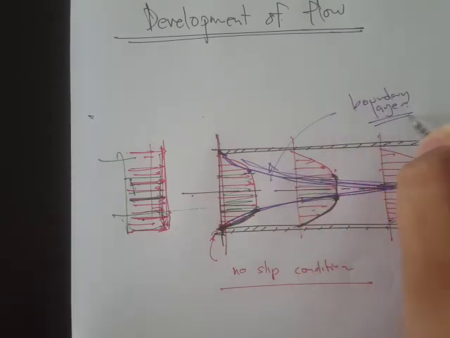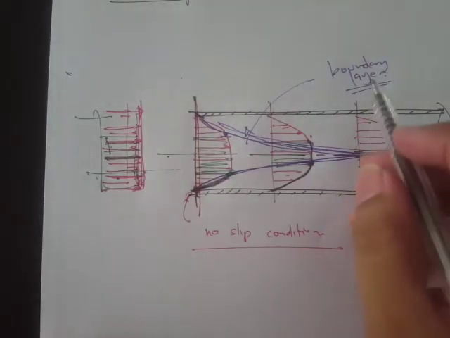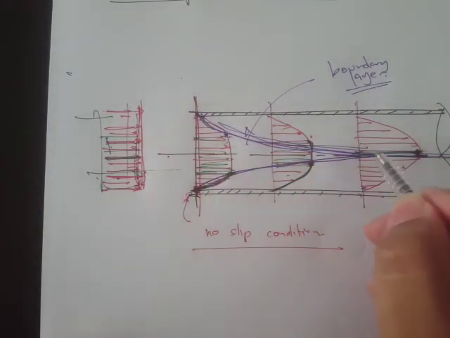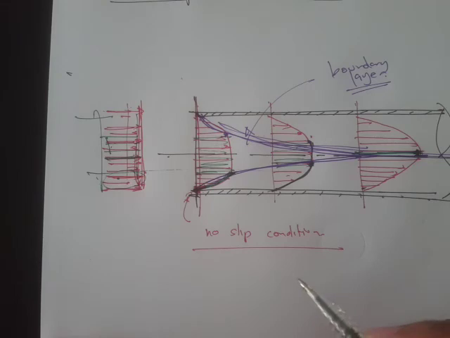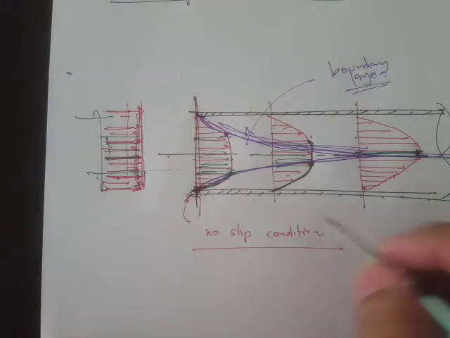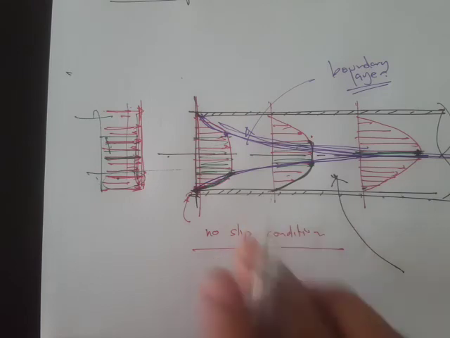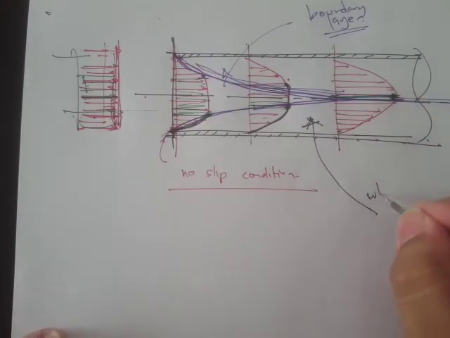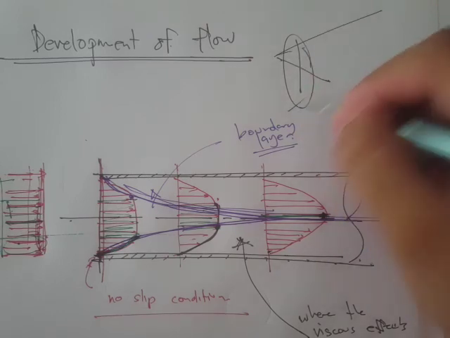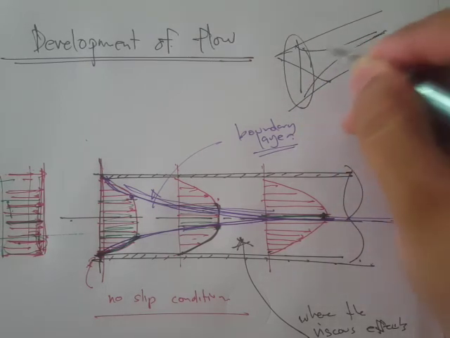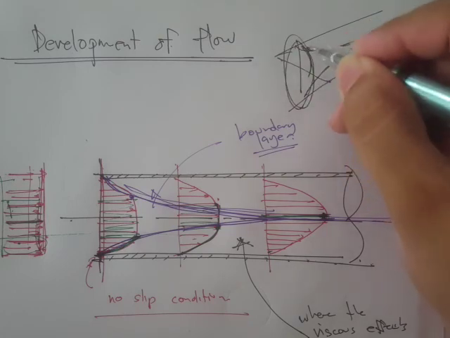Recall that the boundary layer concept says that the viscous effects are only significant within the boundary layer region. That means this region will be where the viscous effects are important or significant. If we draw this in three-dimensional view, we get something like a funnel shape, since this is a perfect circle.